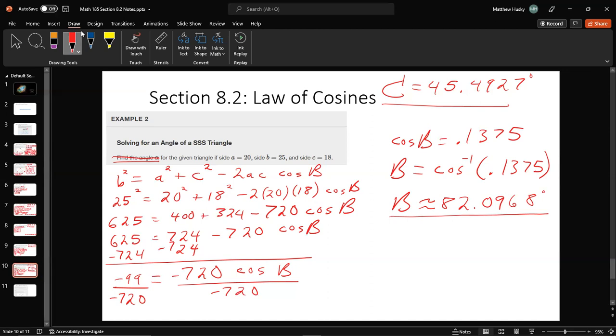And then last but not least, we can find angle A, which is what the problem actually asked for this whole time, but we took an enormous detour to do that, but that's okay. Like I said, for the problems you will be expected to do, you got to do the whole stinking thing anyway. So we're not going to cut corners. All right, A is what? It is 180 minus 45.4927 minus 82.0968.